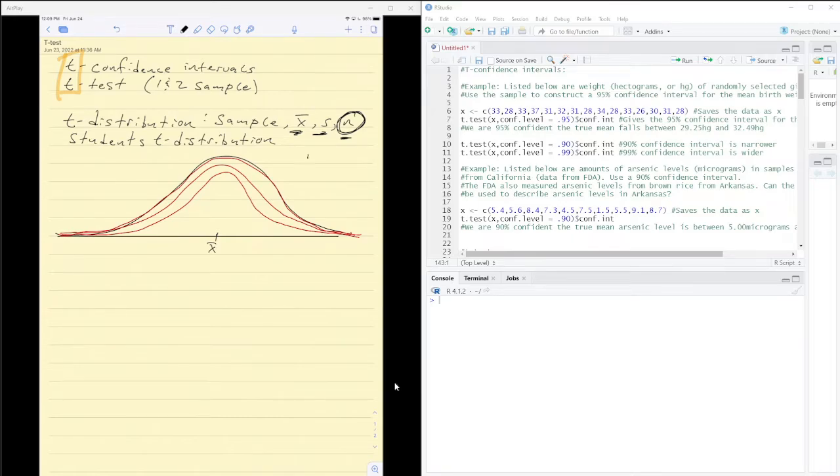A general rule of thumb is we like to see the sample size bigger than 30 to be considered something that looks like a normal distribution, but t-tests can certainly be used for sample sizes below 30. Even though it's not necessarily optimal with very small sample sizes. What if you had a sample size of 3? Then it's really hard to do any analysis with 3 points of data.